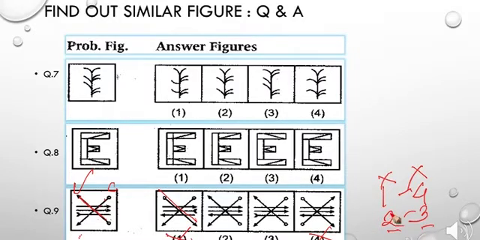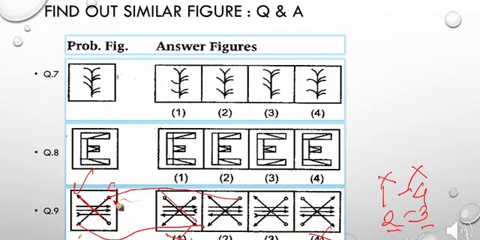In option 2, on the upper side it is perfectly fine. We have a circle here, and on the other end of the arrow there is a tip of the arrow, here also same. So this is fine. Let's check the same thing in option 3.